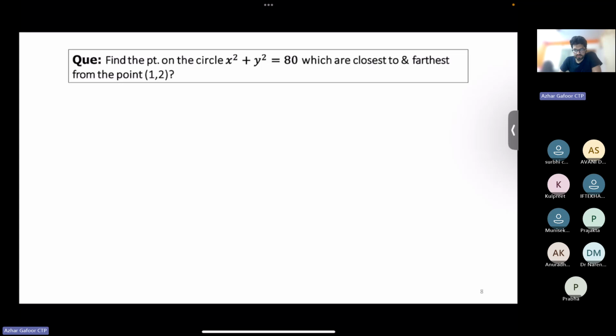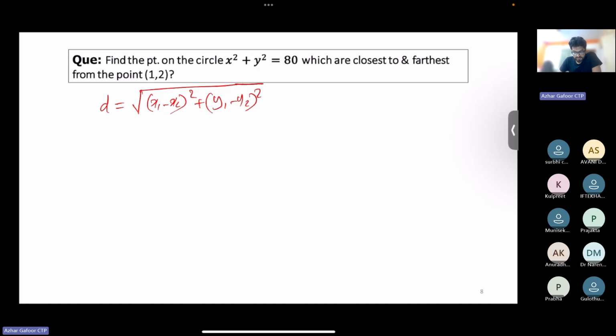So let's write the distance function first. We know the distance function is nothing but the root of (x1 minus x2) whole square plus (y1 minus y2) whole square. This is the distance function to find the distance between two points (x1, y1) and (x2, y2). Now we have been given one point, that is (1, 2).